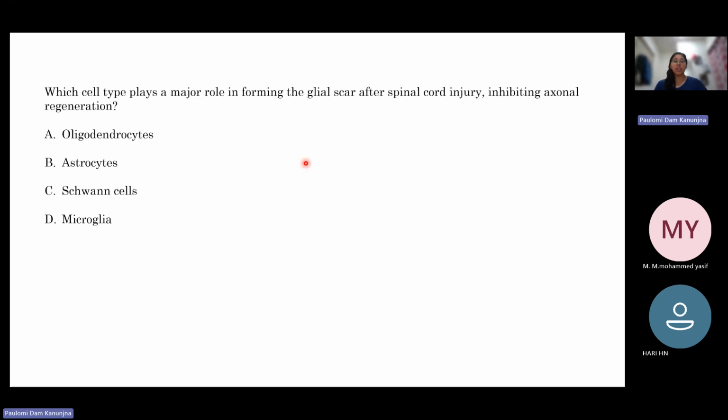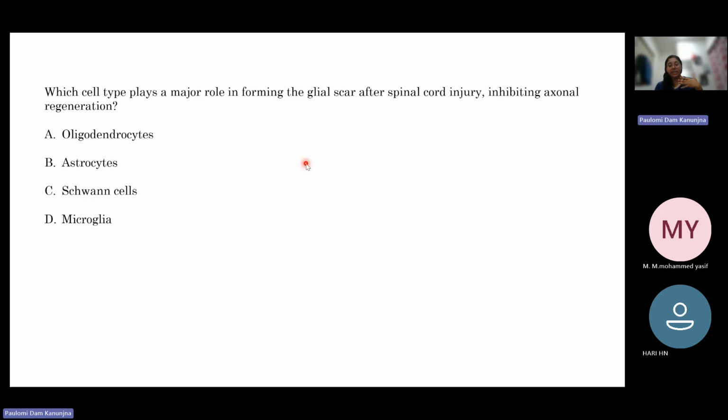Okay, now, which cell type plays a major role in forming the glial scar after spinal cord injury, inhibiting axonal regeneration? So in your spinal cord, axons are getting damaged, right? Glial cells are also immune cells. So when you have a glial scar, which is basically a problem with your glial cells, it means your neurons are not able to come back.